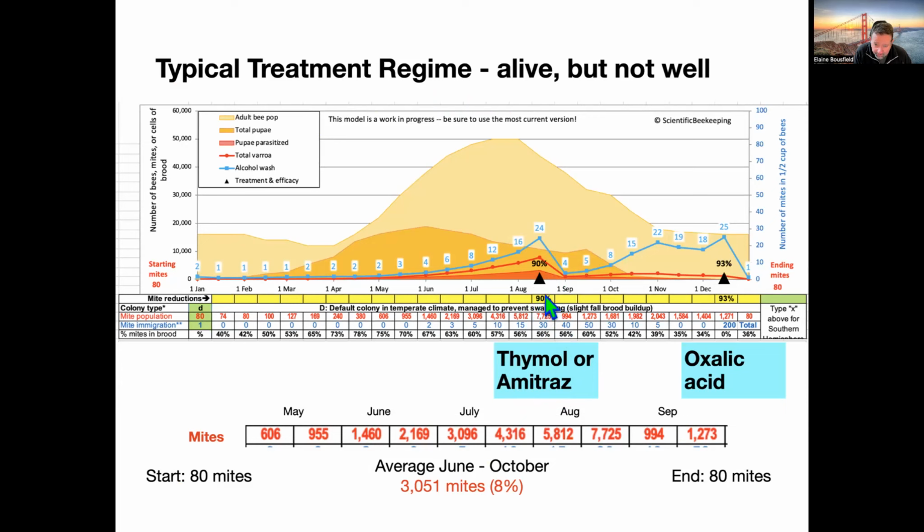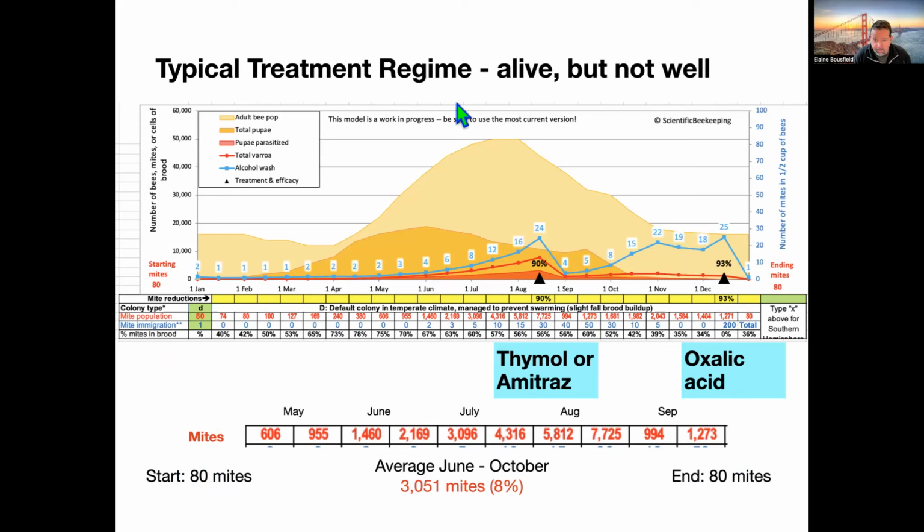So you put that into the model, and you can see it drops the number of varroa, kills them off. And then there's another treatment there in the winter that I always try and do, the oxalic acid, when they're broodless. So you can see here, we start with 80 mites, we end with 80 mites, and they didn't die.